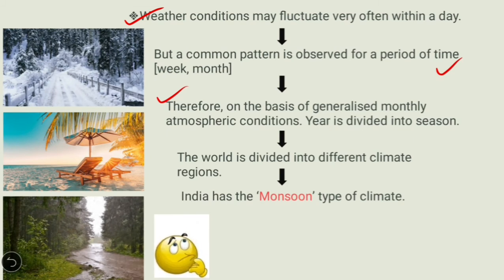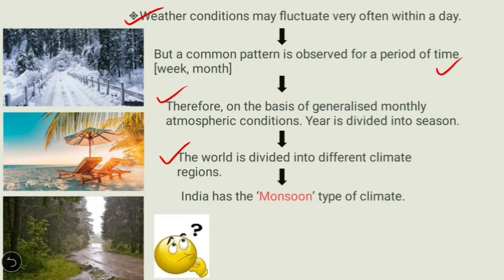On this basis, our year is divided into seasons. We are dividing the 365 days of a year into seasons. The world is divided into different climate regions. Like India, we see that it has a monsoon type of climate. We can take the example of Russia. If I say Russia, you will imagine a place where there is snowfall, right?